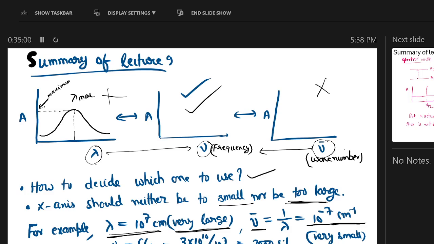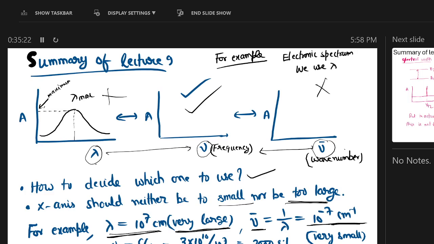For example, for electronic spectrum we use lambda.